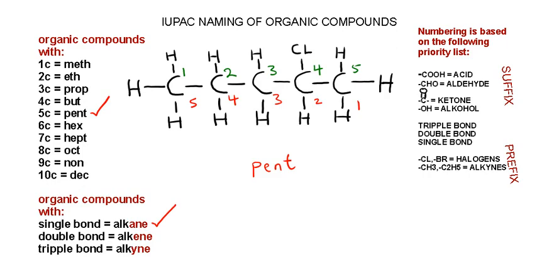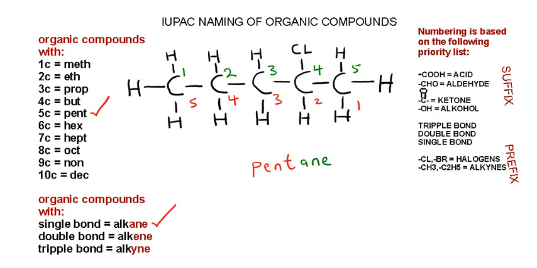So we are going to take the ANE from alkane and join it to the pent. It becomes pentane. Then let's check for any functional group. Is there any functional group in this organic compound? Yes, we have chlorine as a functional group in this organic compound.